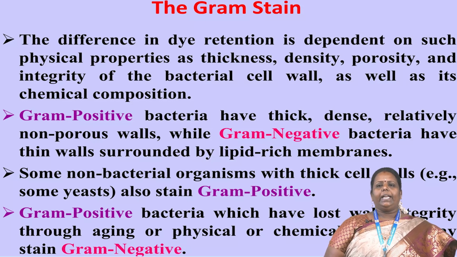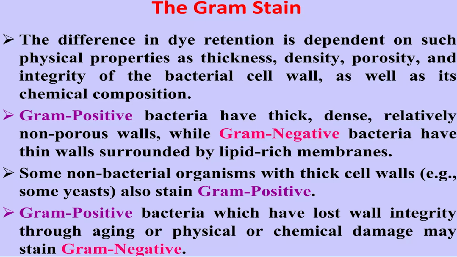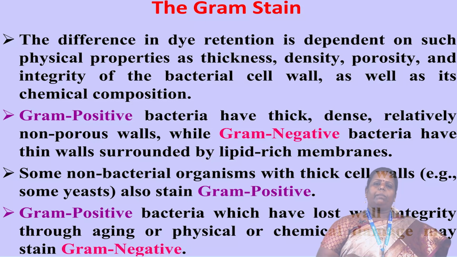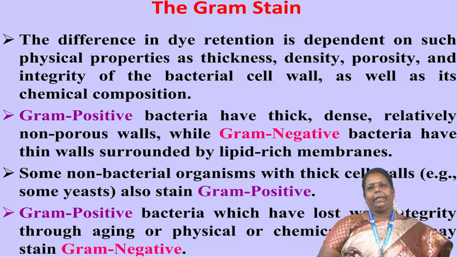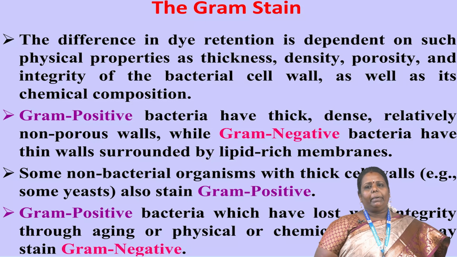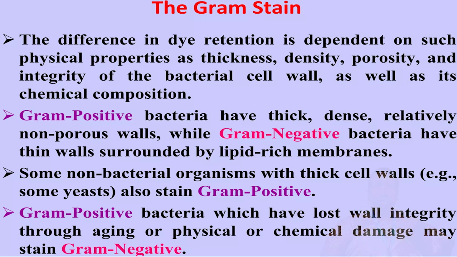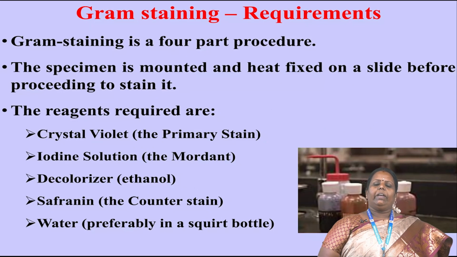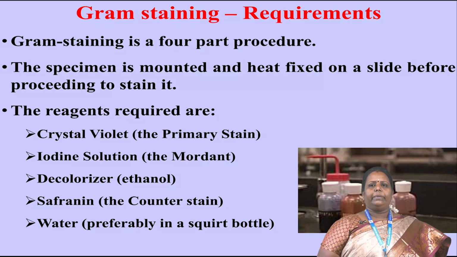Some non-bacterial organisms with thick cell walls also take up the stain and are called gram-positive. Some gram-positive bacteria lose wall integrity through aging and physical or chemical damage and appear like gram-negative bacteria. We use gram staining, which is a four-part procedure.